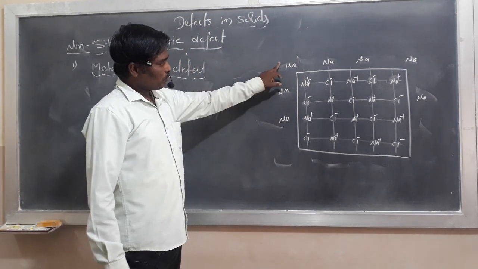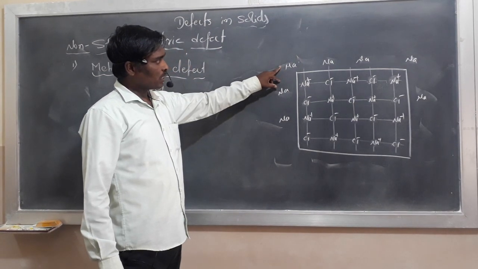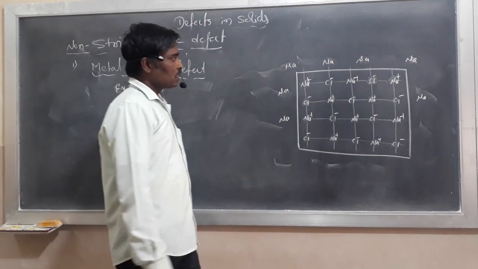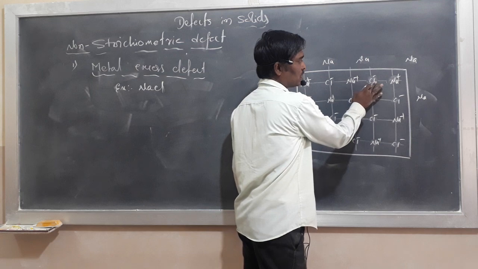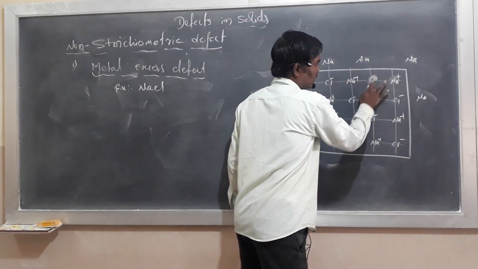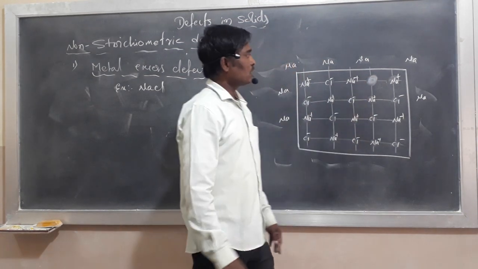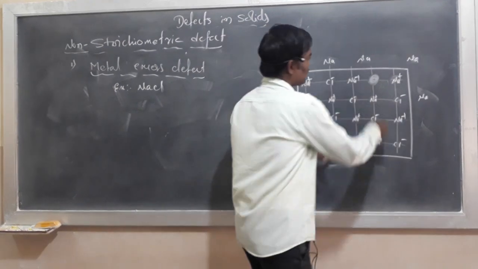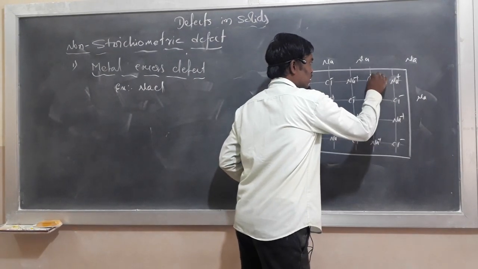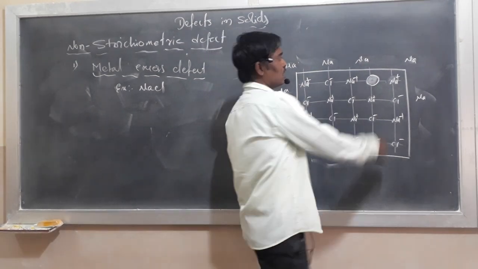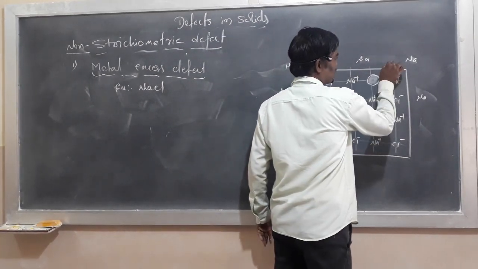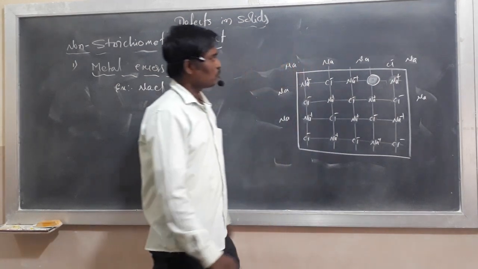Now, what happens when we heat this sodium chloride in a sodium atmosphere? Some of the chloride ions are dislocated. They escape from the regular position and are missing from it.